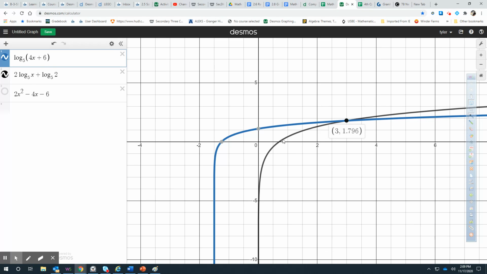That's because any x values less than 0 aren't going to make sense, because you're going to be asking how many times you multiply by 5 to get a negative number. And so because of that, x equals negative 1 is what we call an extraneous solution. It's a solution that we get when we solve it formally using our equations like we did, but it doesn't lead to an answer that makes any sense with the original problem.